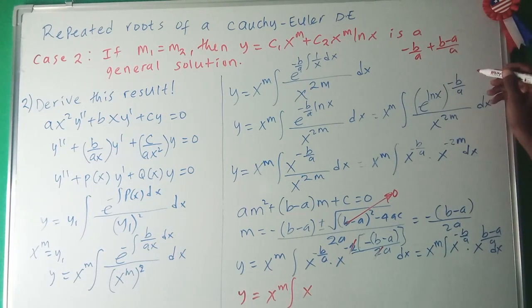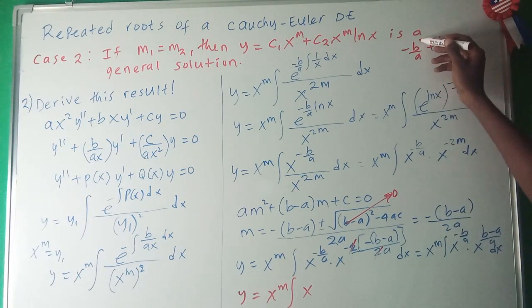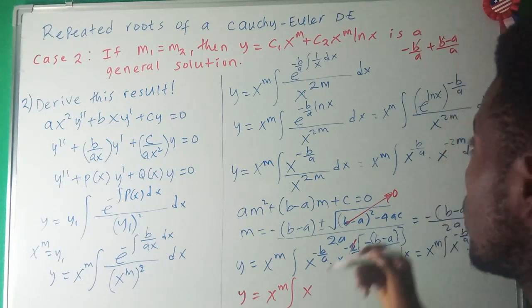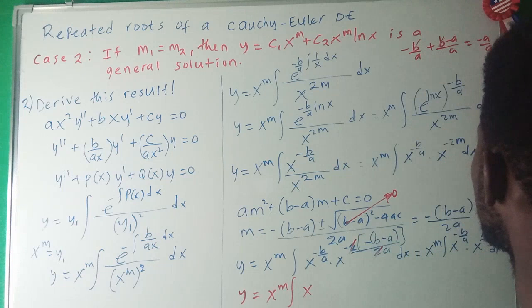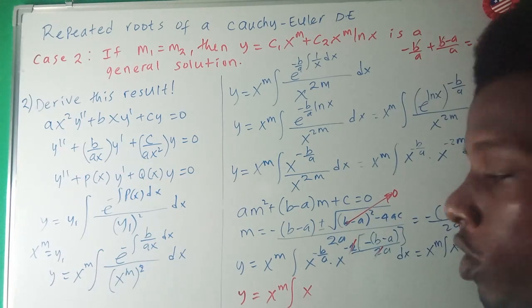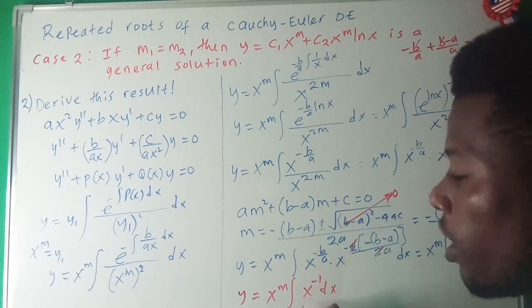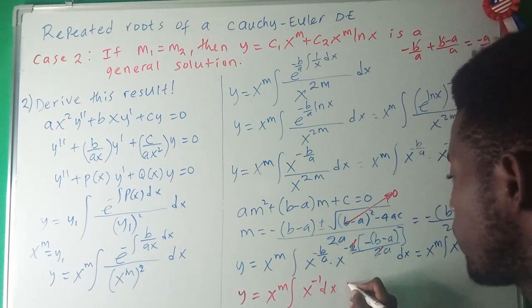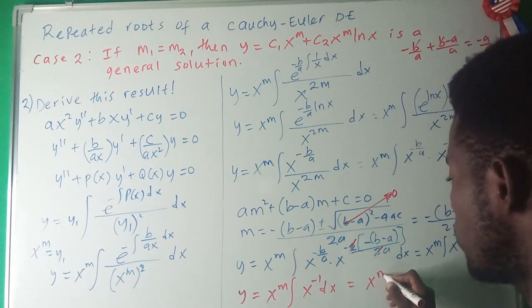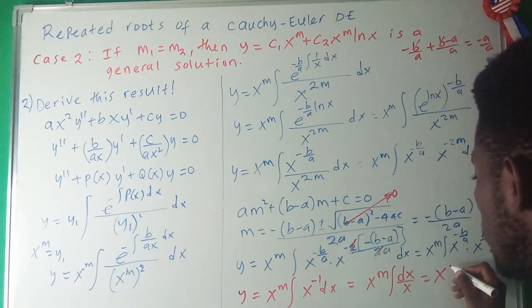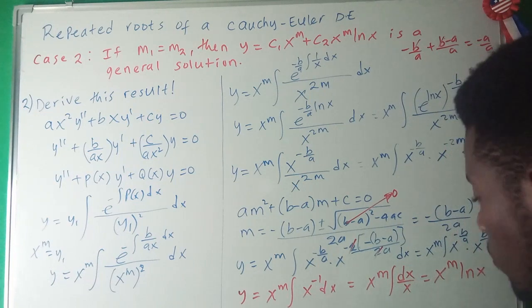What you observe is that the negative b and b cancel out. You'll be left with negative a over a, and negative a over a is negative 1. So you have x to the power negative 1 dx, and this is just the ln of x. So you have x to the power m, the integral of dx over x, which is x to the power m, the ln of x.